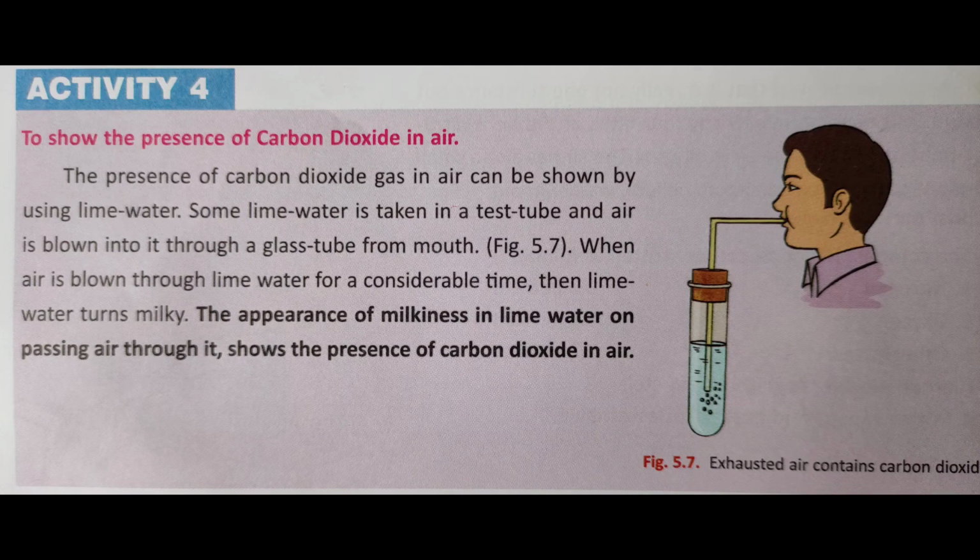And remember that this milkiness, the presence of carbon dioxide, is evident when the clear lime water turns milky. When you pass excess of carbon dioxide, then again this milkiness will disappear and it will be clear again.